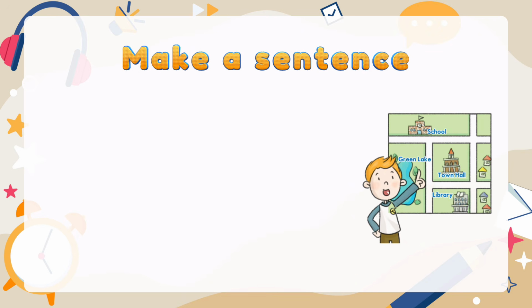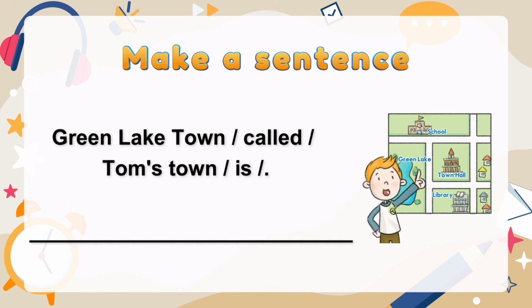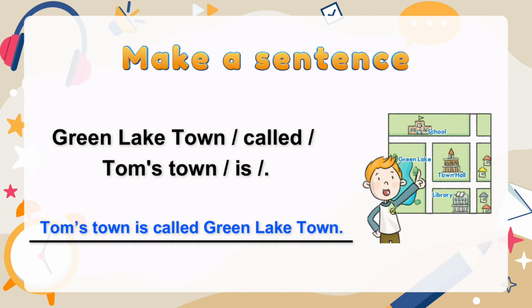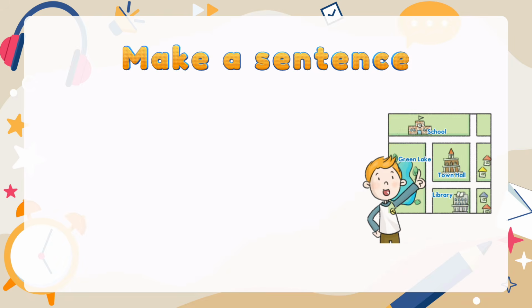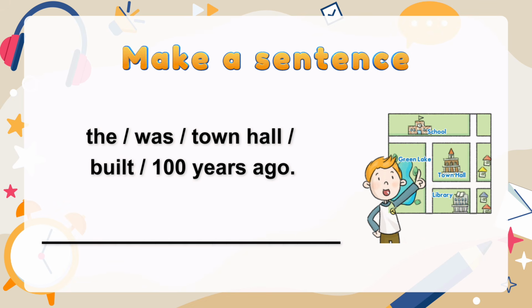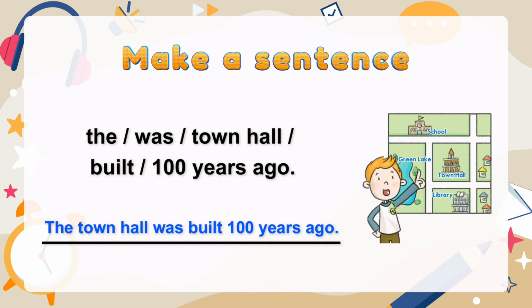Make a sentence using the words. The first one says, Green Lake Town, called, Tom's Town, is. You write, Tom's Town is called Green Lake Town. The was town hall built 100 years ago. The town hall was built 100 years ago.